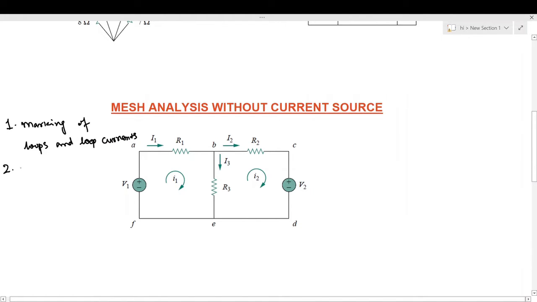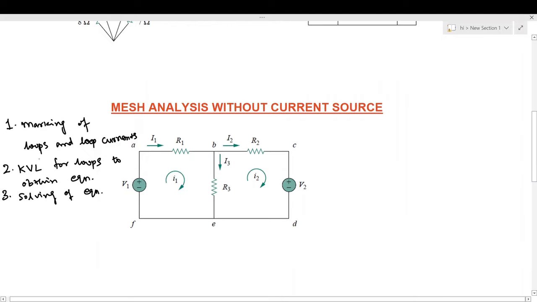Second, we need to apply the KVL for the loops to obtain the equations. And third, solving of the equations to find out the circuit variables.